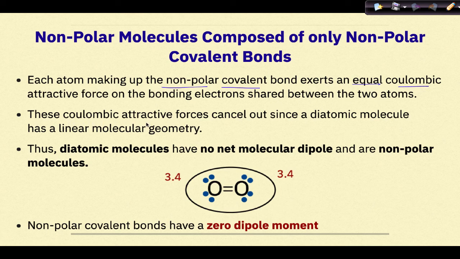These coulombic attractive forces cancel out since a diatomic molecule has a linear molecular geometry. Thus, diatomic molecules have no net molecular dipole and are nonpolar molecules. Nonpolar covalent bonds have a zero dipole moment.